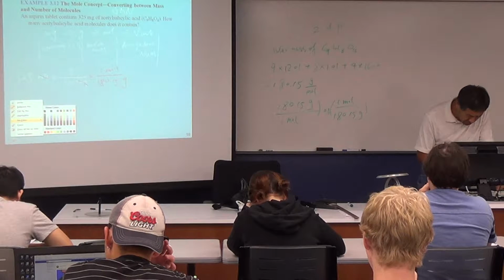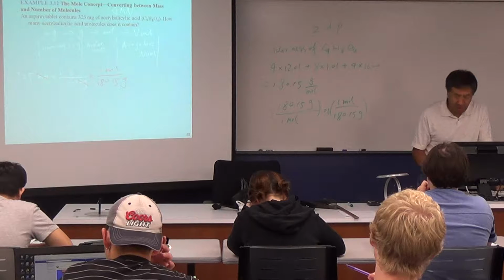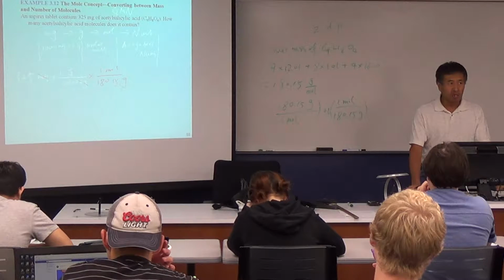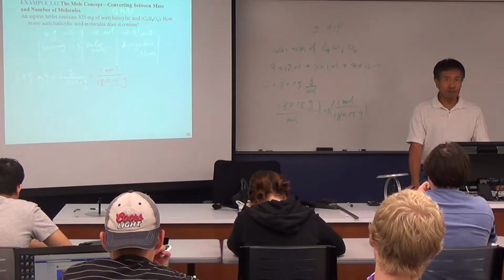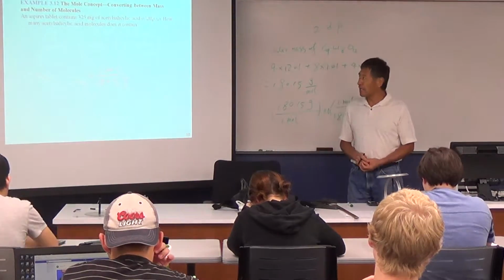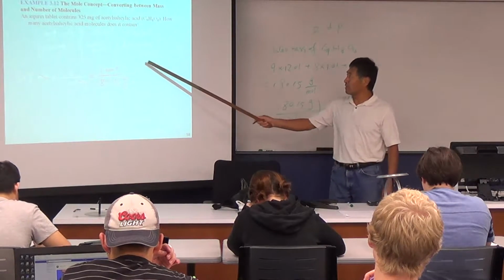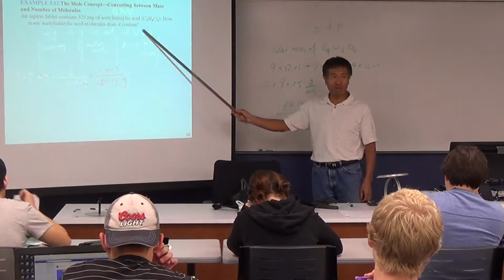So you can see the calculation will be very good. This gram and this gram, the gram comes out. So at each step, make sure you do those checks. If you use the right fraction, you cancel out the g. And then in the last step, you want to go from mole to numbers.